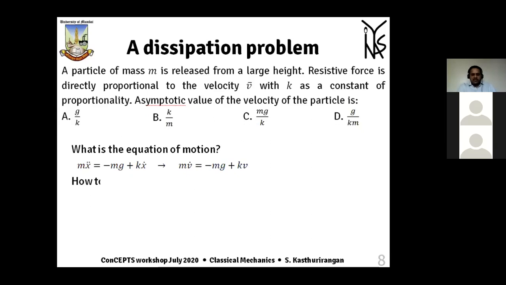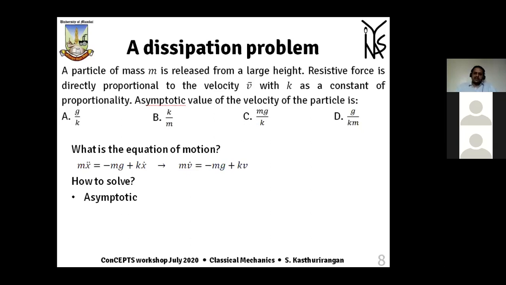So now the question is how to solve. It's a first order differential equation with an inhomogeneous term minus mg. You can of course use the machinery of solving first order differential equations, take the integral and then use the complementary function, etc. However, first note, you are only asked for the asymptotic value.